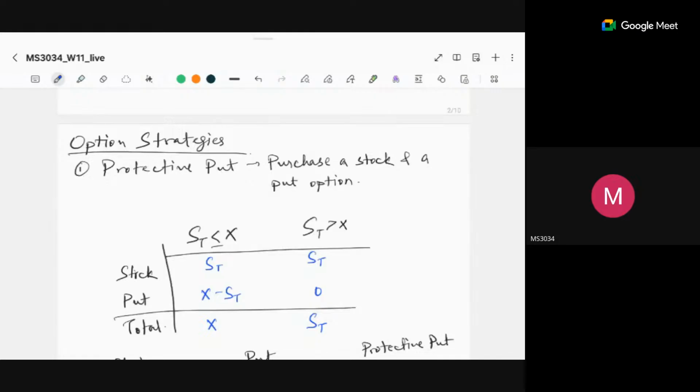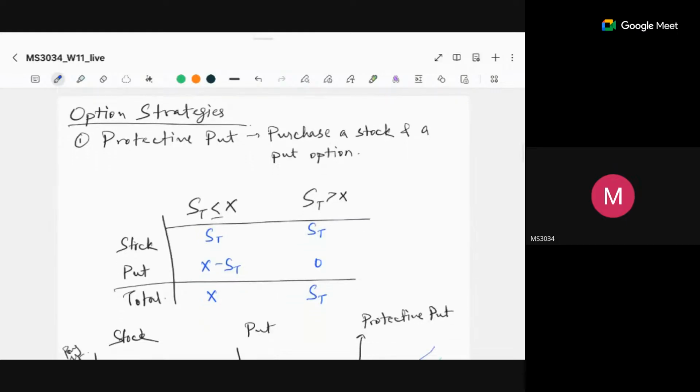When you go to the market and purchase any stock, what is the risk? If the stock price goes down, then there is a risk because you will make a loss. So our objective, when you buy a stock, is to minimize your loss potential. You put a cap on your loss. So how do you do that?